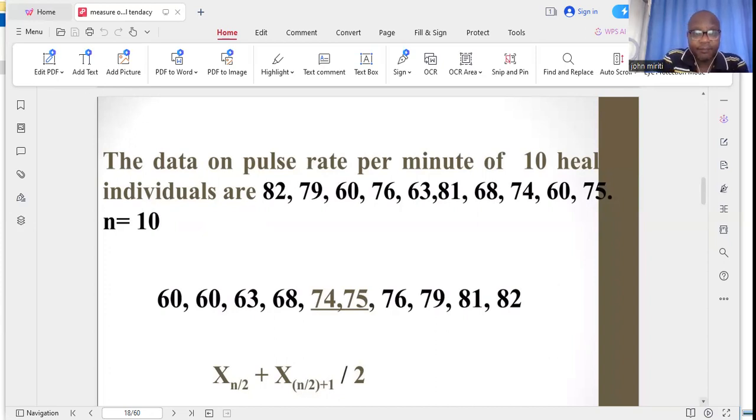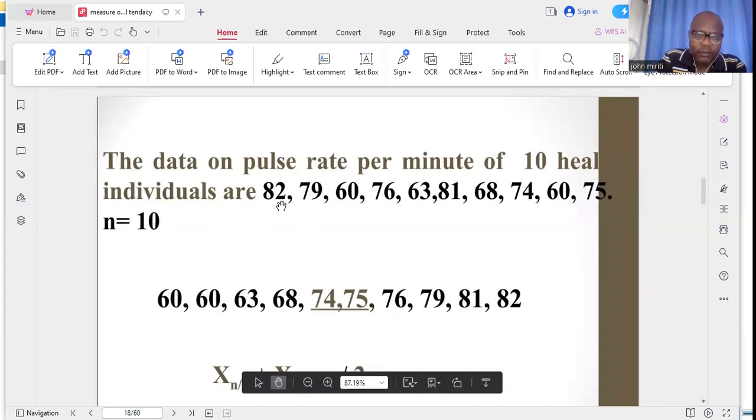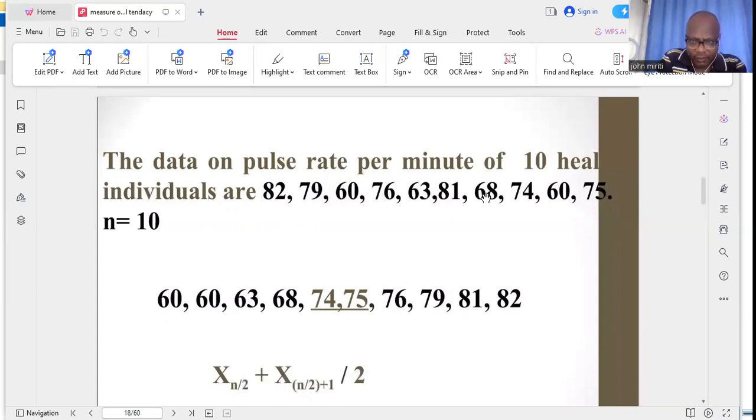Now, in this calculation, what is our total? The total is 10. You can see that, 1, 2, 3, 4, 5, 6, 7, 8, 9, 10. So our n is 10.